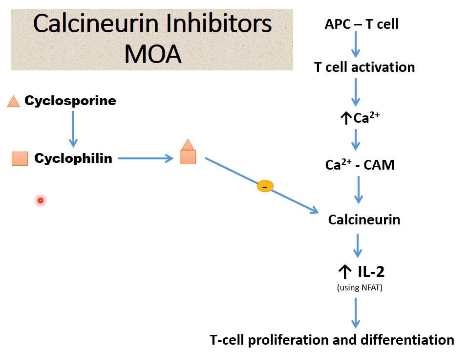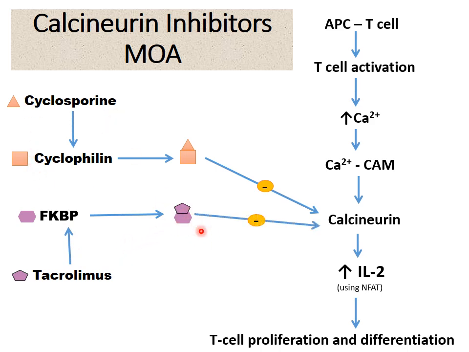Now comes the mechanism of tacrolimus. Tacrolimus also binds with an immunophilin ligand. For tacrolimus, the immunophilin ligand is FKBP, FK binding protein. So tacrolimus binds with FKBP and forms the tacrolimus FKBP complex. Similar to cyclosporine, this complex inhibits calcineurin so that it impairs the entry of NFAT into the nucleus and decreases the expression of interleukin 2.